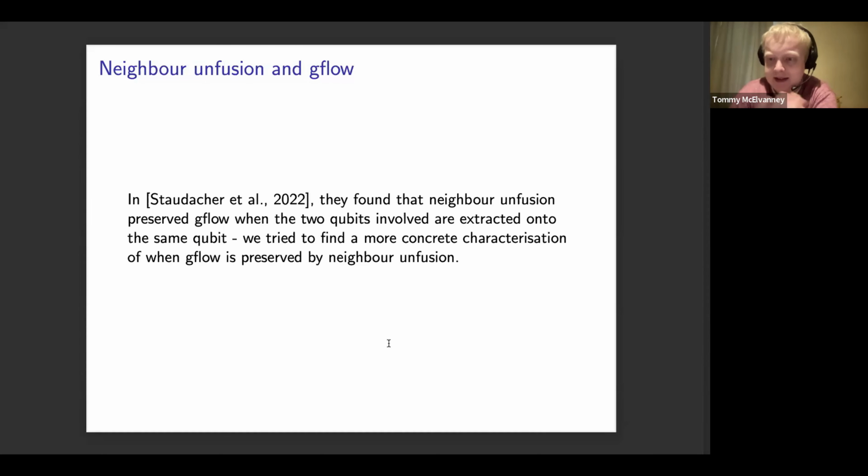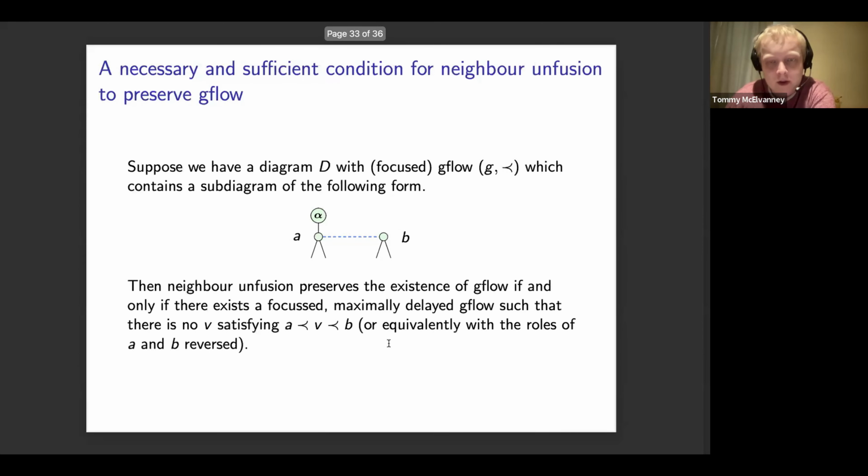It's not very easy to tell when two qubits are extracted onto the same qubit, and it's not even immediately obvious what that means. And so we try to give a more solid characterization of this. And so this leads on to some new work done.